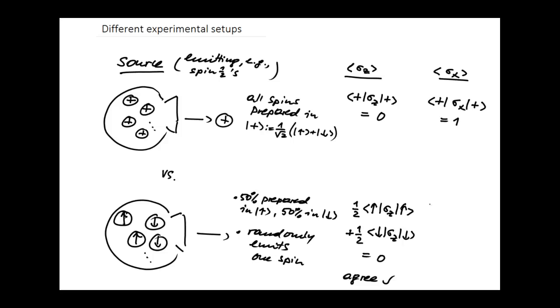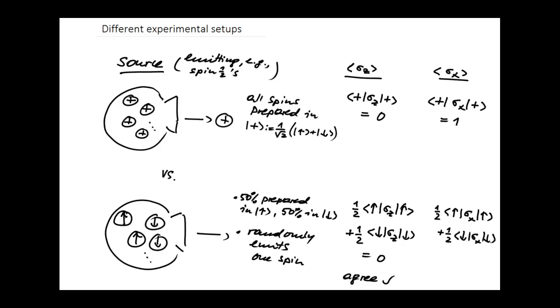In the second scenario, we have to apply the same logic. We have to calculate the weighted average. So 1/2, and then the expectation value of sigma x in the spin-up state, plus 1/2 the expectation value of sigma x in the spin-down state. It turns out the expectation value of sigma x in the spin-up state is 0.